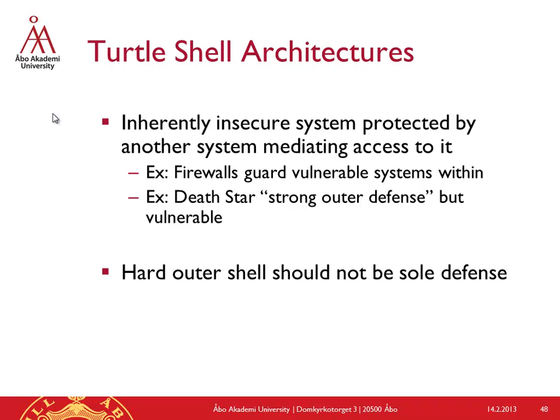And there's the well-known Death Star. Inside it was not very secure, but from outside it looks pretty secure. Unfortunately it had a very small problem with this security, and it was destroyed because of it. If this turtle shell is removed or bypassed, the system becomes very insecure.